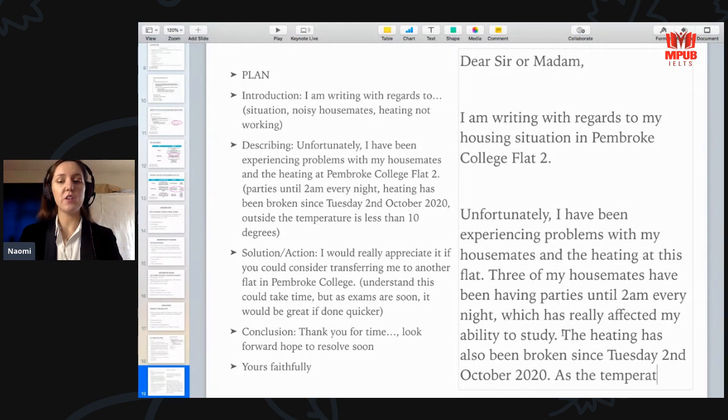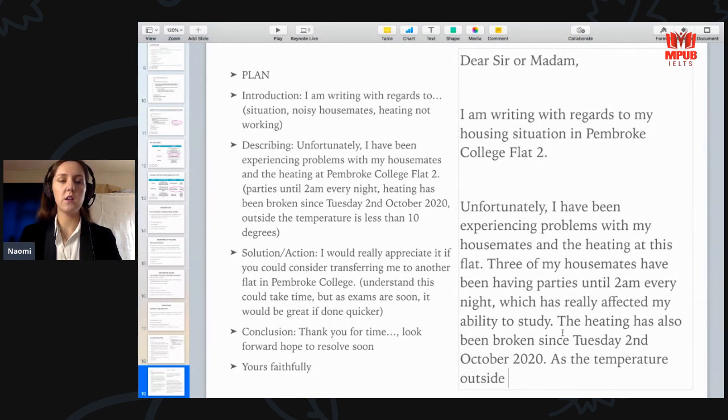The heating has also been broken since specific Tuesday, the 2nd of October, 2020. As the temperature outside is less than 10 degrees, I would maybe write the little C or F symbol. I don't have the degree symbol, but you can imagine it there. You can write it with your pen.